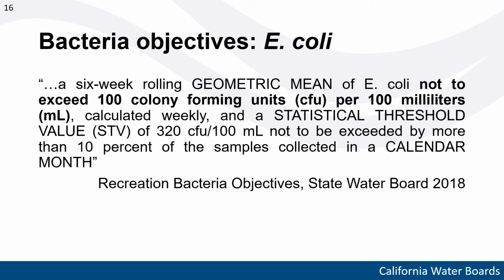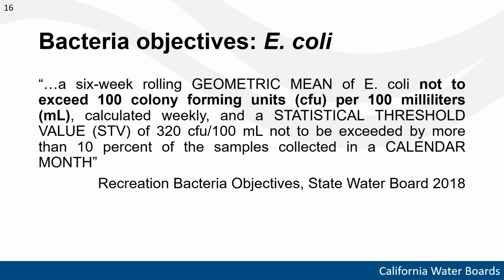The single data point value, which is set at 320 colony-forming units, is really useful if you only have limited data, or if you are trying to determine if a surface water is safe on the day the sample was collected.